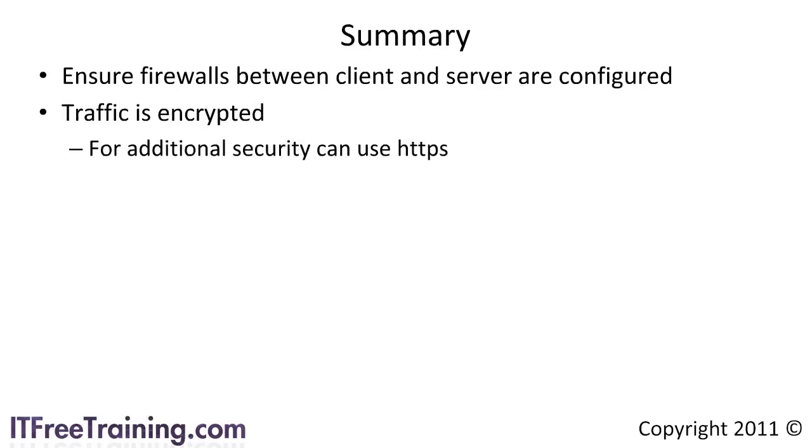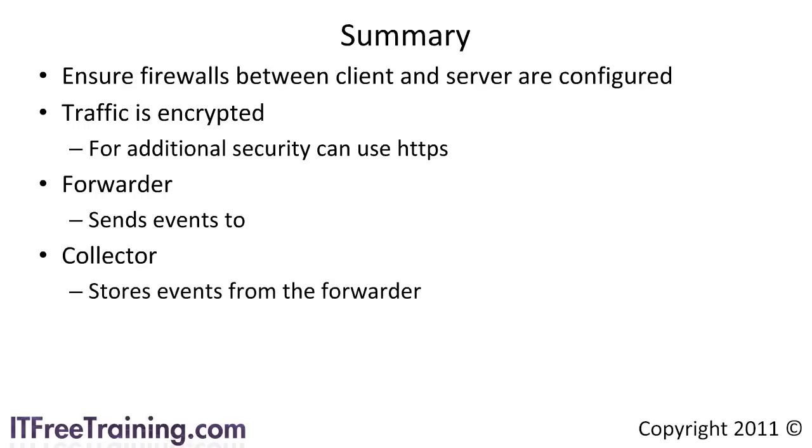However, for additional encryption, you can use HTTPS. It is important to understand the terms Microsoft uses. Remember that the forwarder is the computer that sends events to the collector. The collector stores events from the forwarder. On a large network, event forwarding can make reporting on your network a lot easier and is worth the time to look into.